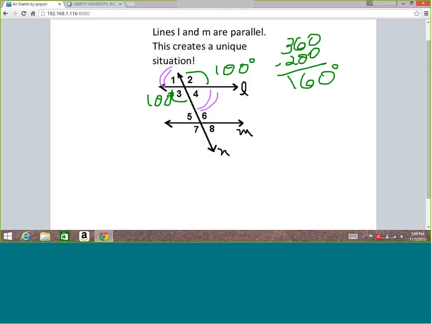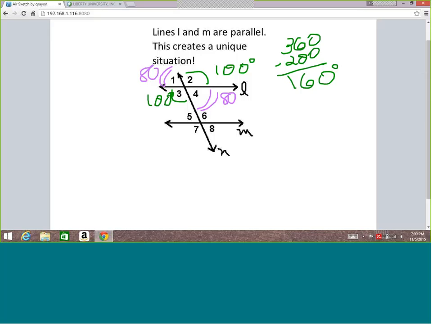So what I have left to be divided up between angles 1 and 4 would be 160 degrees. And since angles 1 and 4 have to be the same, that means they're each 80. So this is 80 and this is 80. And you can always check your work by adding up all 4 angles and make sure you get 360 degrees total going all the way around the circle.